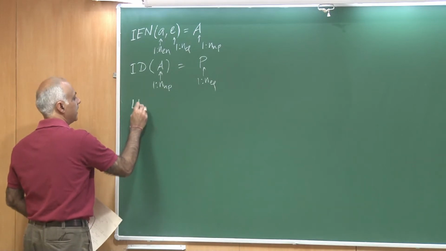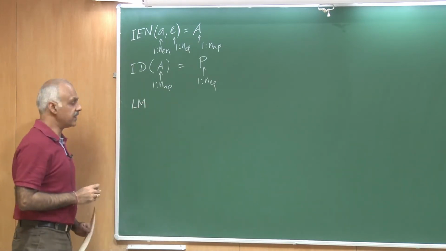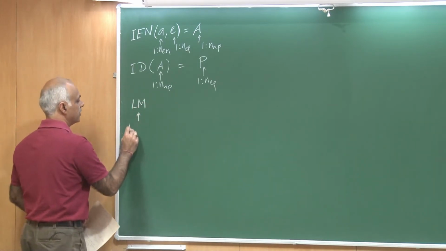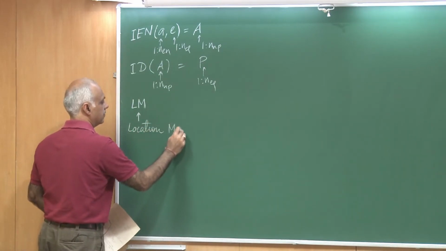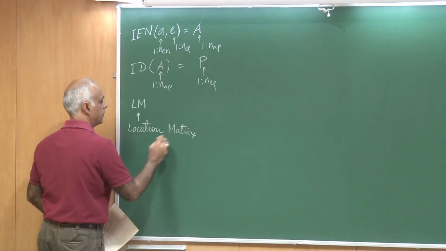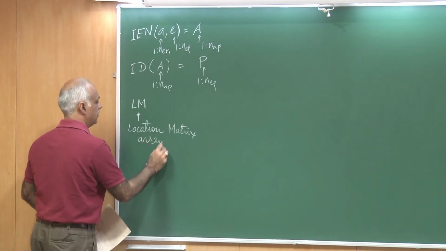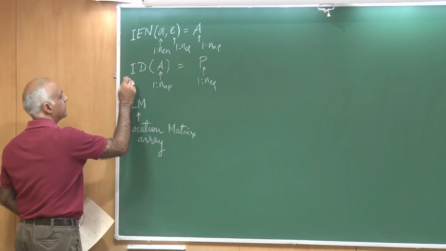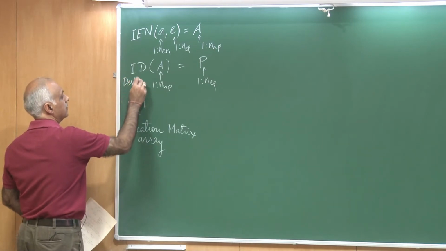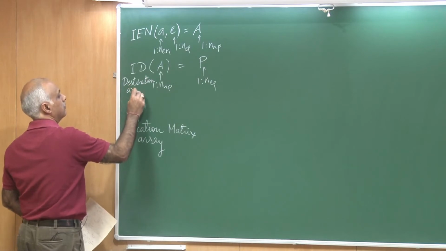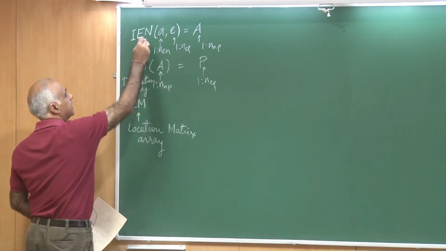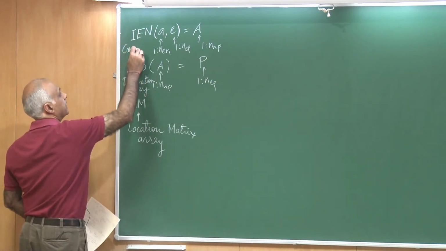Then next I have the LM array, the location matrix array. So, this is the location matrix. The ID array is actually the destination array. And as I said, the IEN array is the connectivity array.